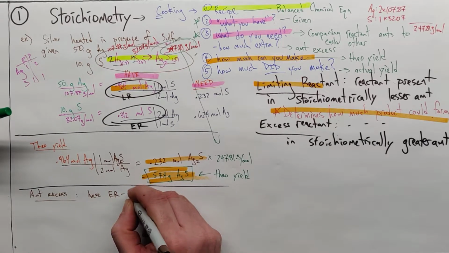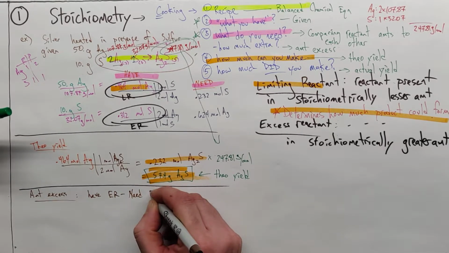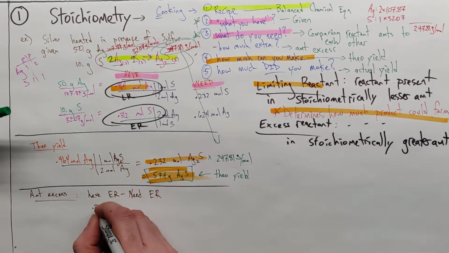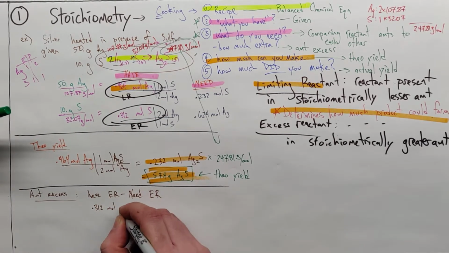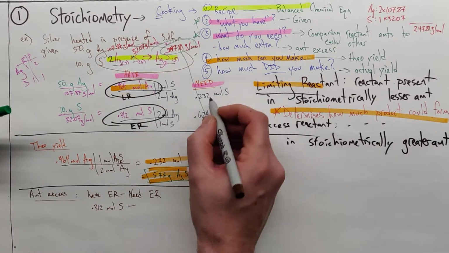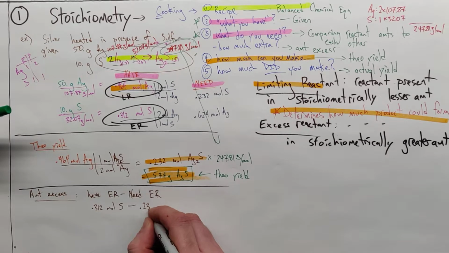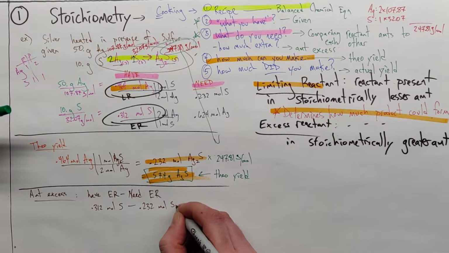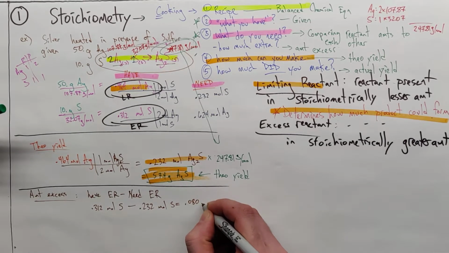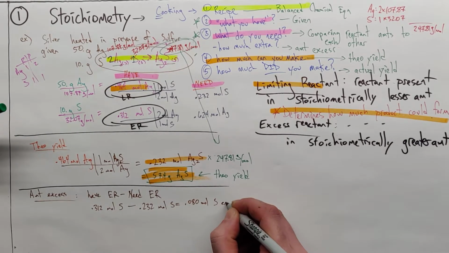and we're going to subtract what we need of that excess reactant. So we have 0.312 moles of our sulfur, which is our excess reactant, and we're going to subtract the 0.232 moles of sulfur. In this particular case, we get 0.080 moles of sulfur excess.